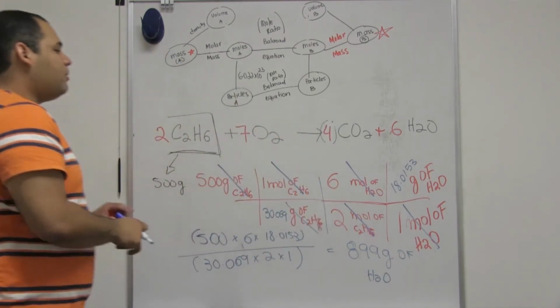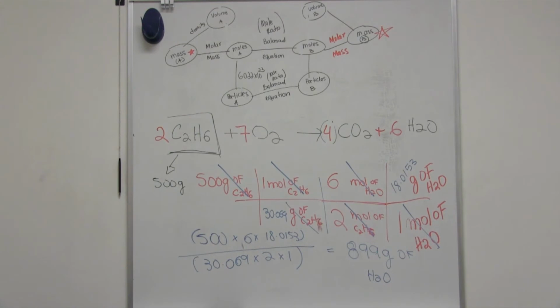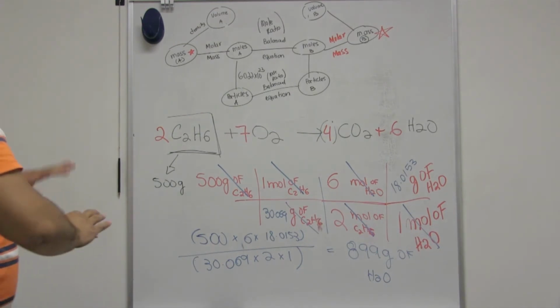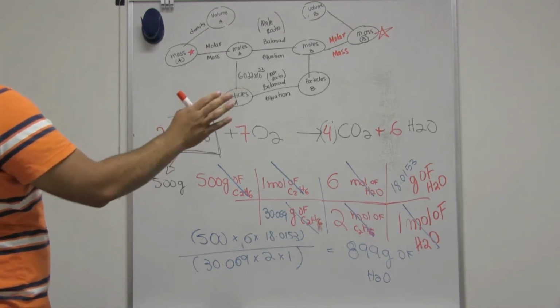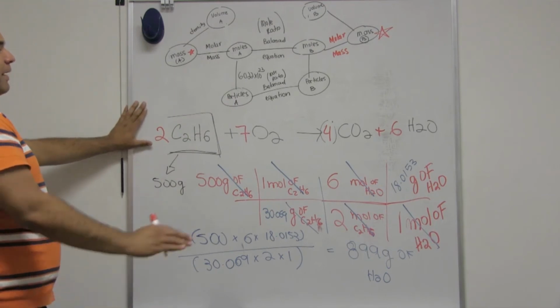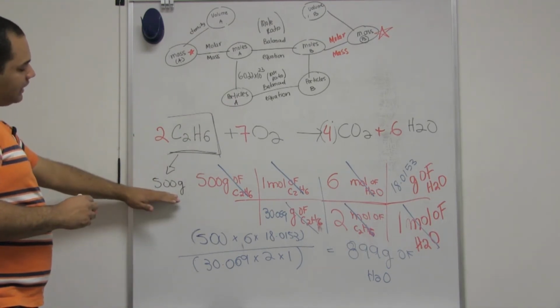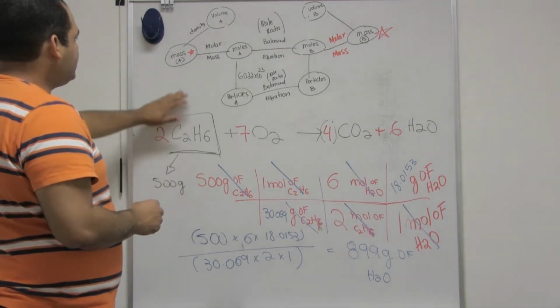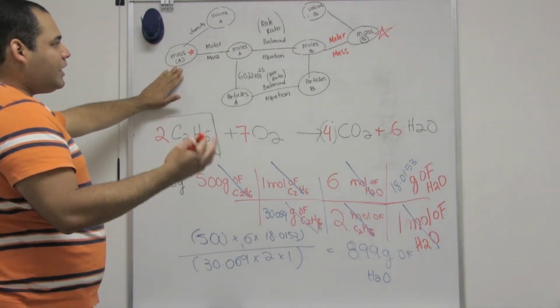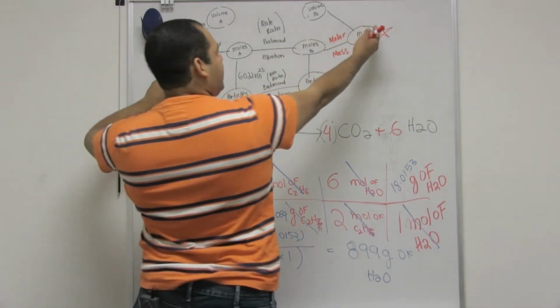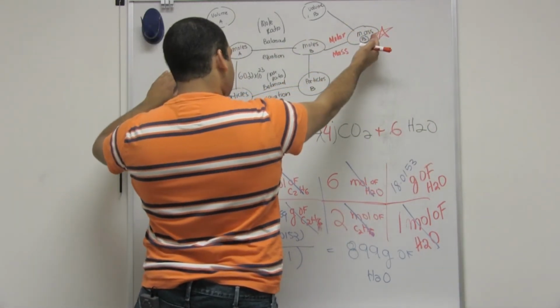So when I'm using my molar map to find out something, first I need to say, well, I have my equation, it is balanced, good. Now I look at it and say 500 grams of C2H6. I'm here, the question is asking me to find the mass of B, in this case water, so I need to get in there.